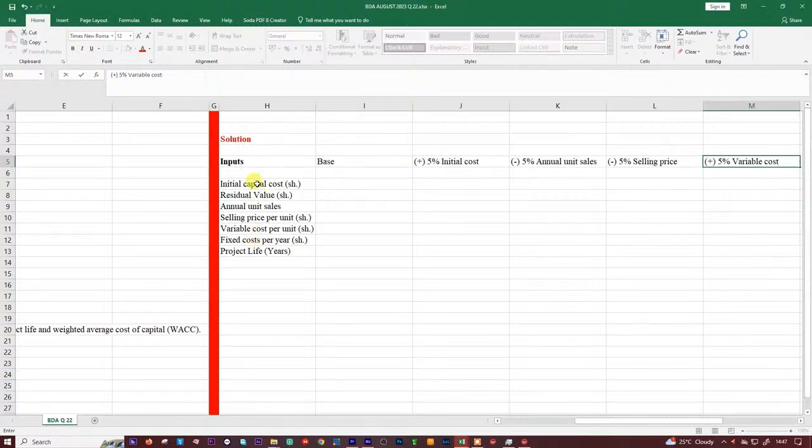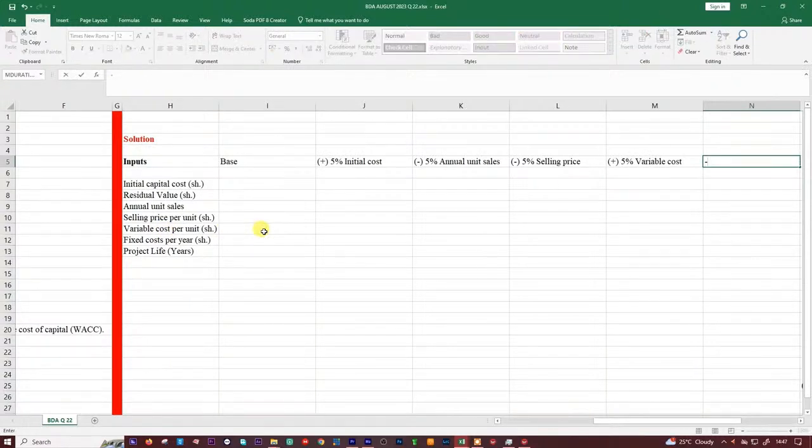So we began with the initial cost, then we went to the annual unit sales, then the selling price, then the variable cost of 5%, and then residual value, so negative 5%. I think I forgot fixed cost.